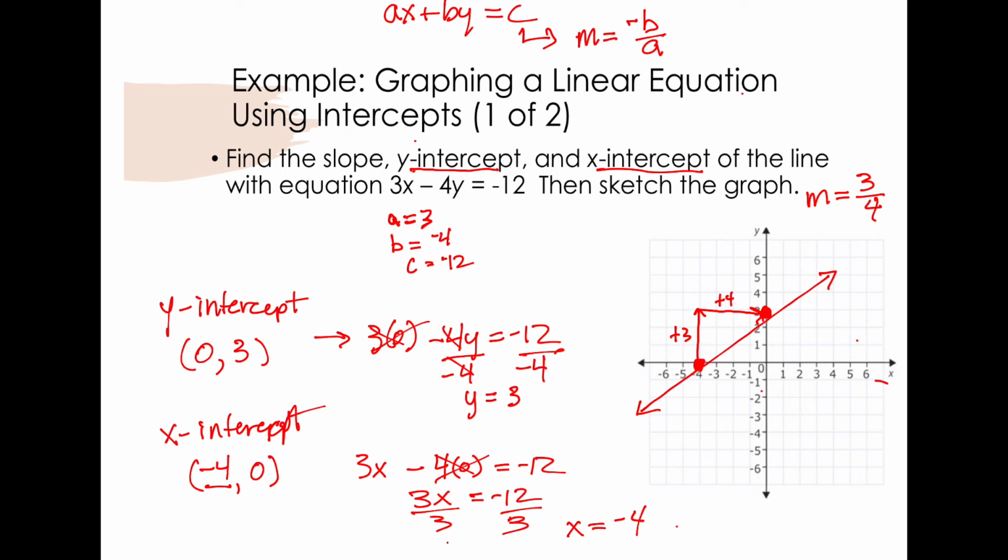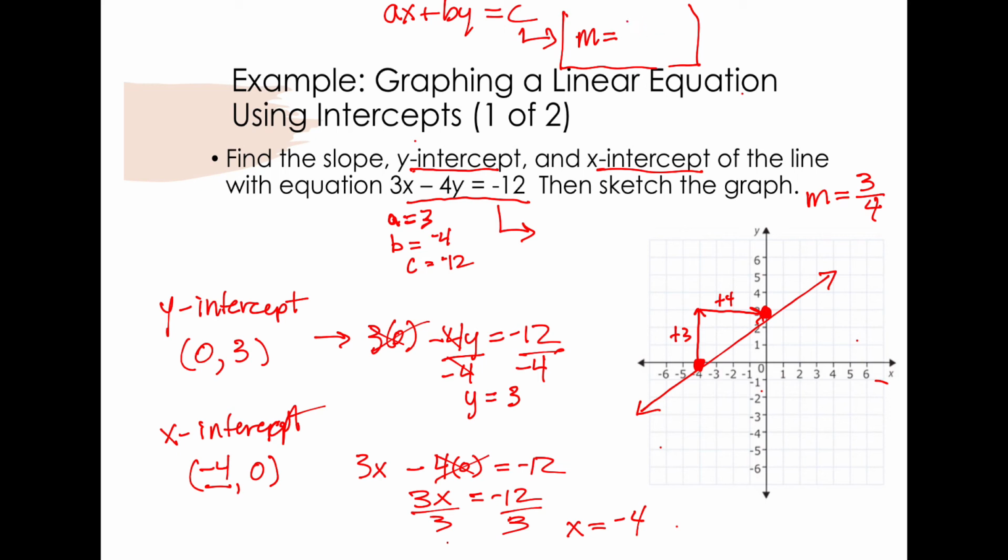The other way I can do it, if I'm not using the graph here, is, if you recall what I believe I introduced at the very beginning, when it's in standard form, we take the opposite of A over B. Sorry, I have that written out wrong.